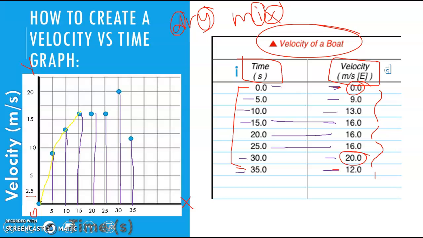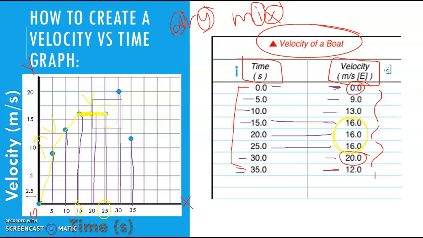Then from 15 seconds to 25 seconds, so about 10 seconds, that boat is not stopped. Remember, it has a speed of 16 meters per second. So this is where we have a constant velocity. Here we are increasing in velocity, but here it's a constant velocity, coasting.